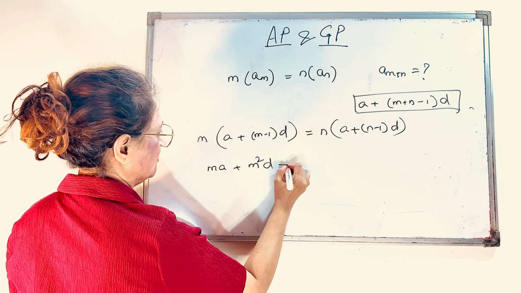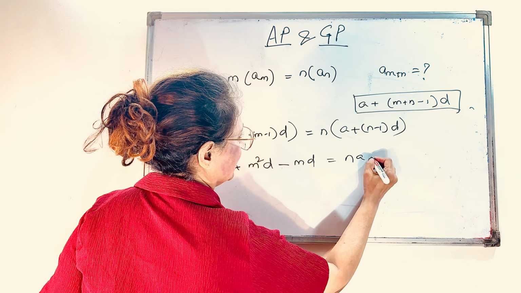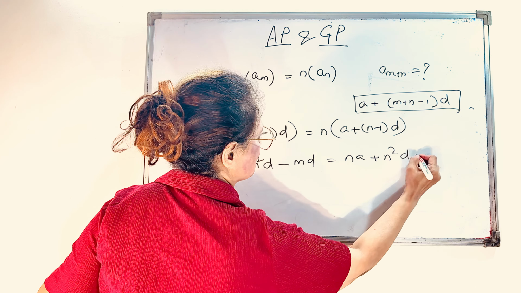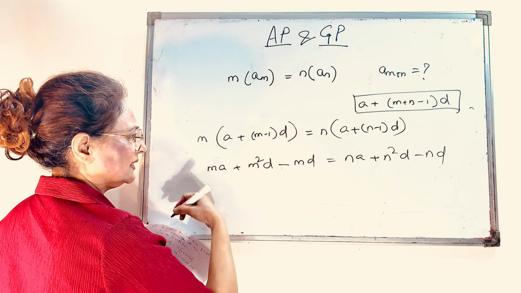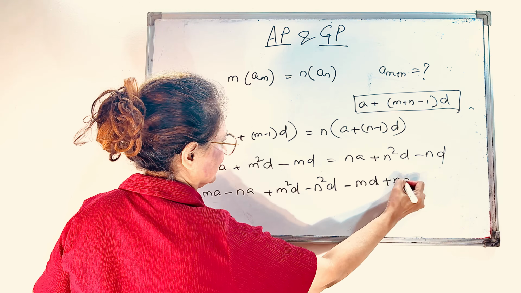Bring them all to this side after multiplying: na plus n square d minus nd. Let me arrange: ma minus na plus m square d minus n square d minus md plus nd.